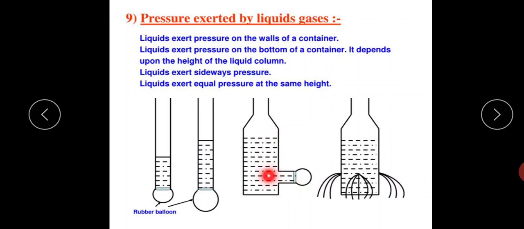Because the pressure from the container is moving sideways and the balloon is able to expand. So, knowing these examples, we can conclude that liquids exert sideways pressure, and liquids exert equal pressure at the same height. Through these properties we can come to know how liquids exert pressure.